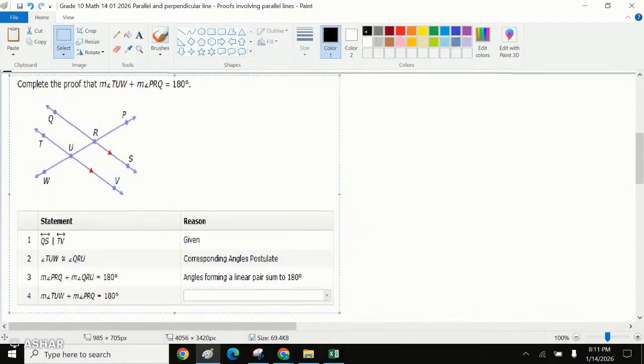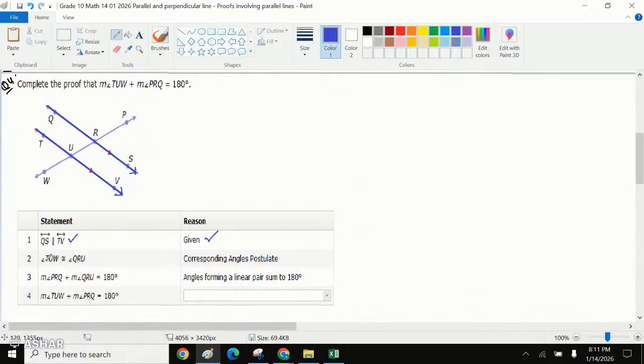It says we have two pairs of parallel lines, right? Let's see which are the two pairs. They would be QS and TV, right? These are the two pairs of parallel lines given to us.